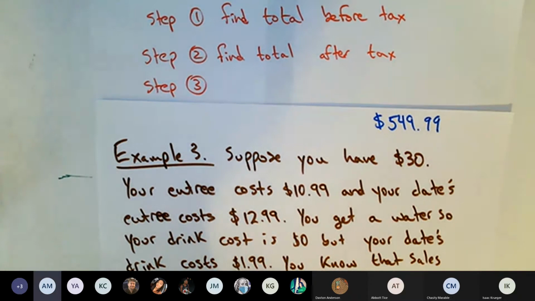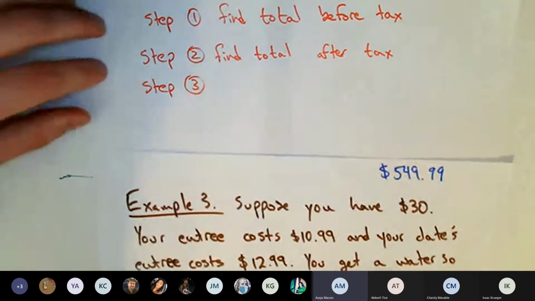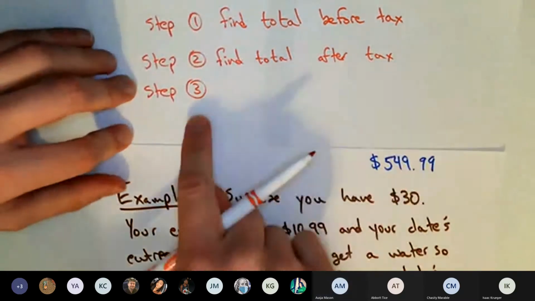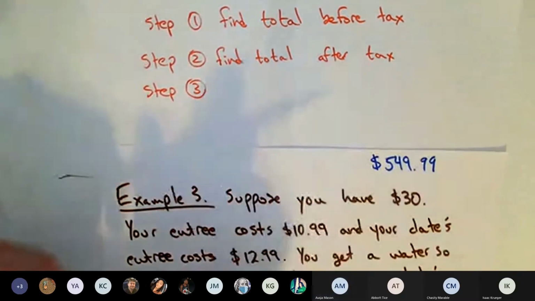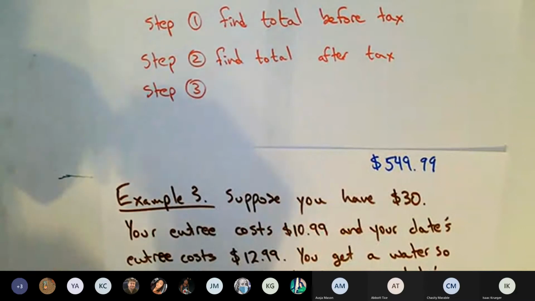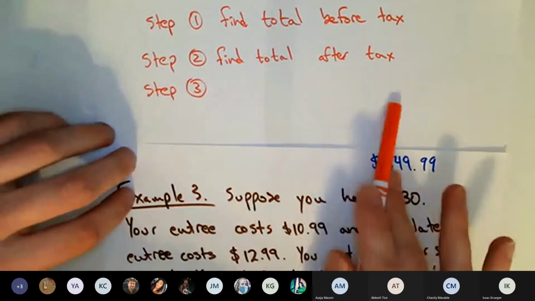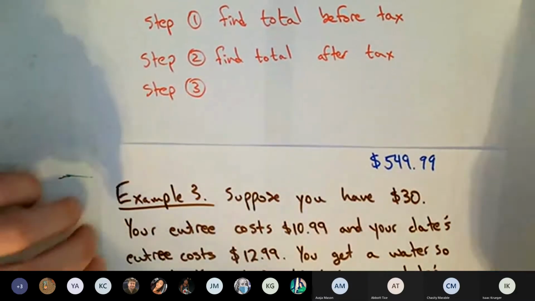Right. So after we find the total after tax, what would be step three? I'm not asking you to calculate it, just what would be the next step.